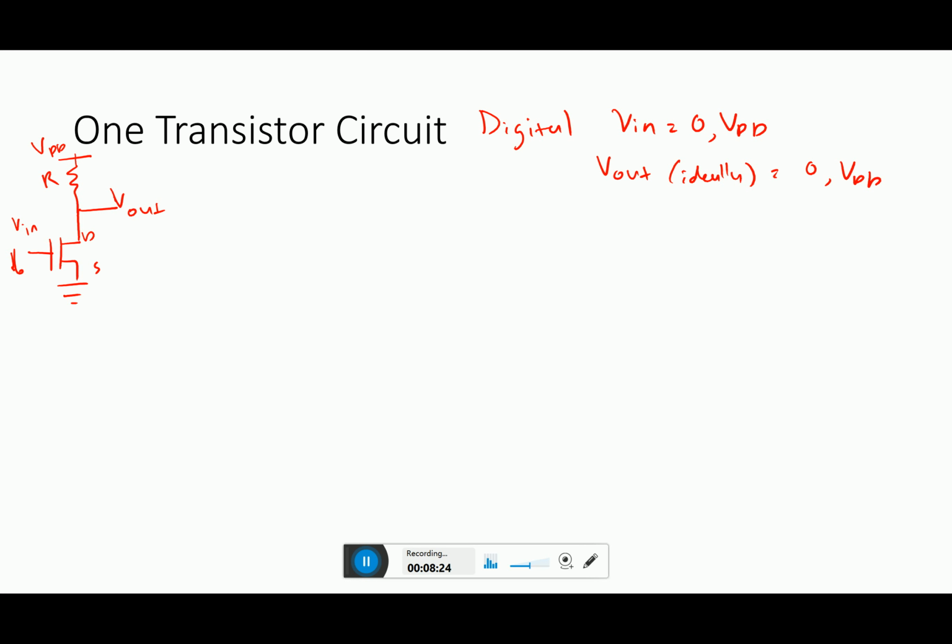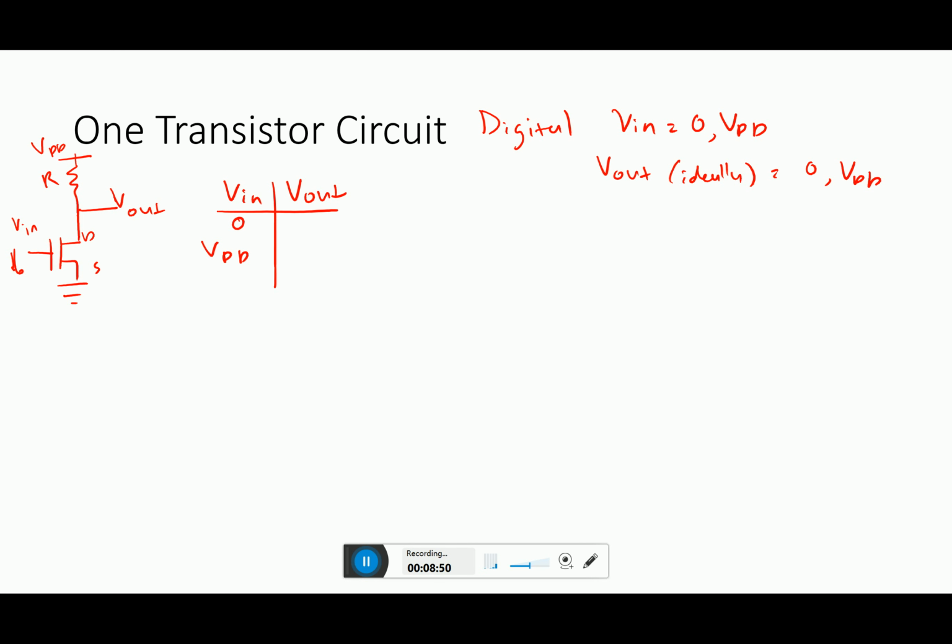We don't want intermediate values because that breaks our digital abstraction and could break things further down our circuit line if we take Vout and put it into a different circuit as an input. Okay, so Vin and Vout. So the two values that we care about, 0 and VDD. What does the Vout value become?